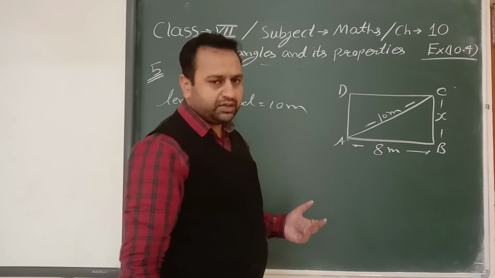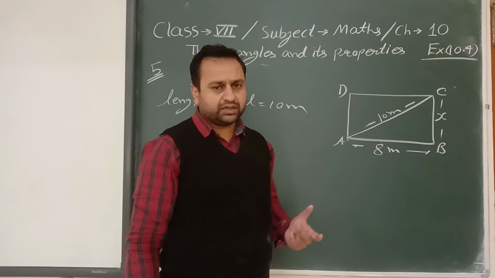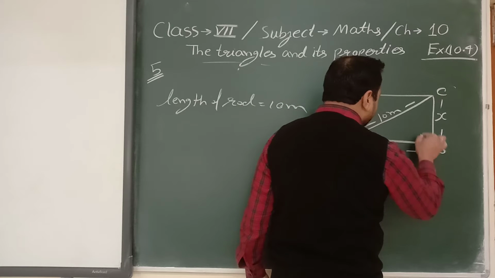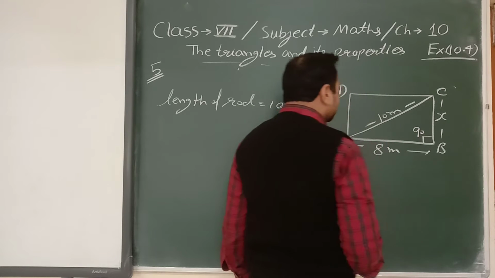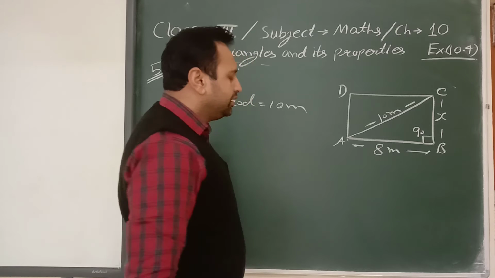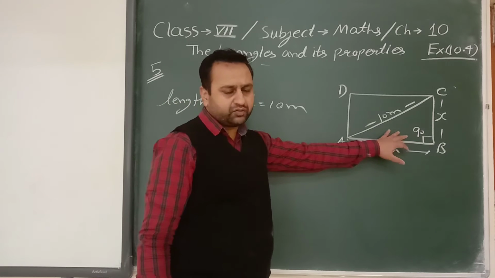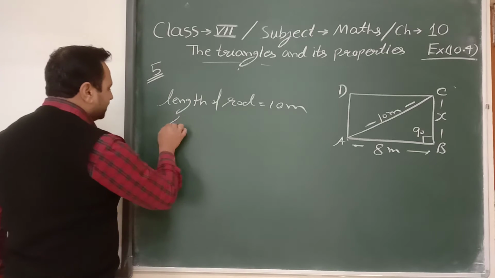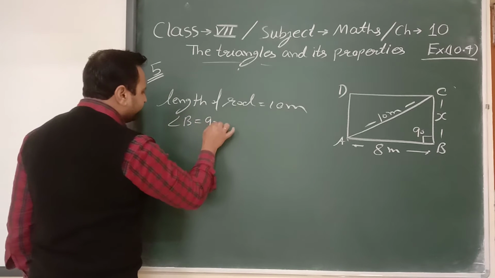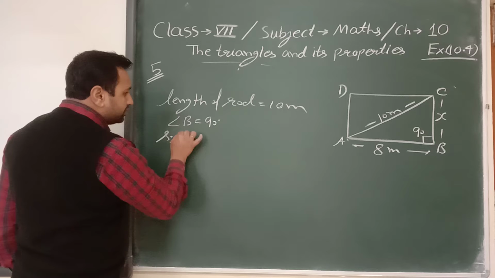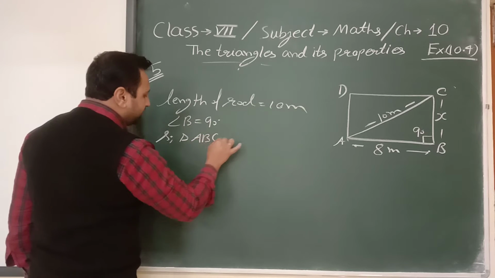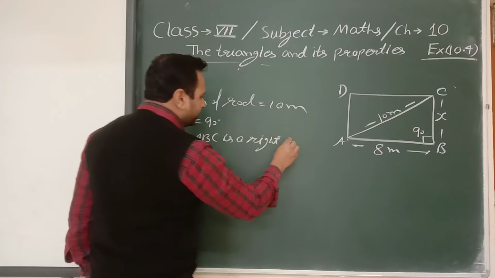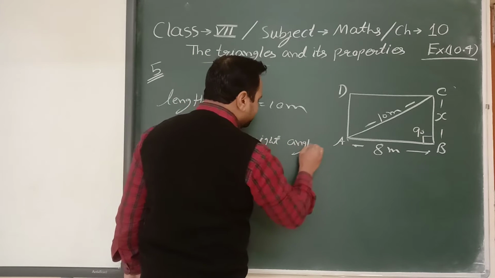And we know that in a rectangle all angles are 90 degree and opposite sides are equal. So angle B is 90 degree, and when angle B is 90 degree, so it is a right angle triangle. And when it is a right angle triangle, so we can use Pythagoras theorem. Angle B is 90 degree, so triangle ABC is a right angle triangle.